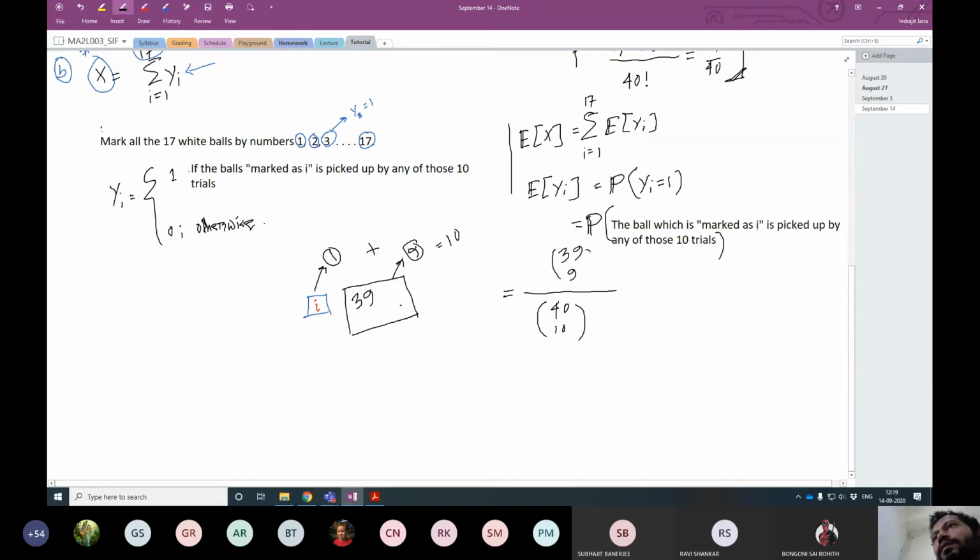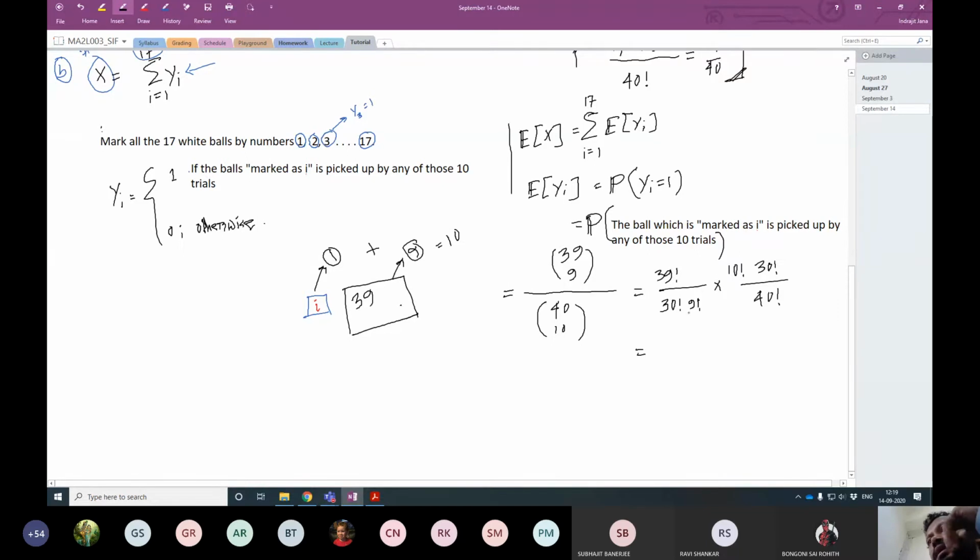So it's going to be 39 choose 9. If you simplify, this is 39 factorial divided by 9 factorial times 30 factorial, all over 40 factorial over 10 factorial times 30 factorial.